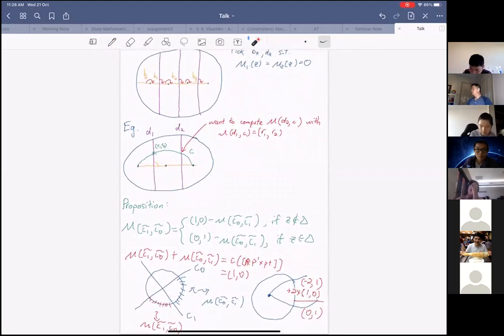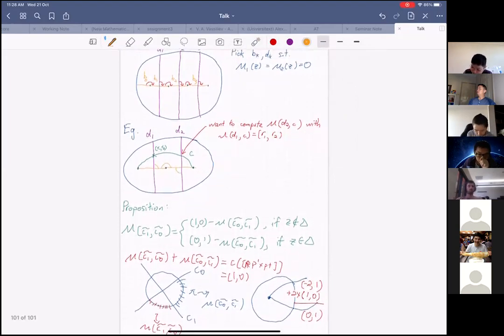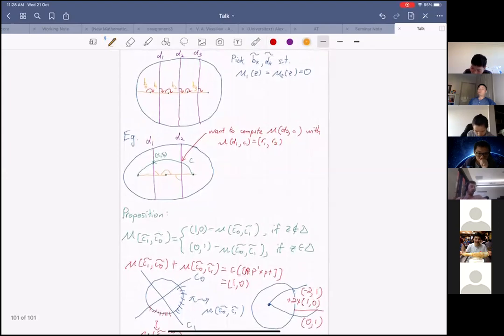So, okay. Go back to my example just now. What you can do is this, and then this. Okay, why do I know this? Actually, I missed something.